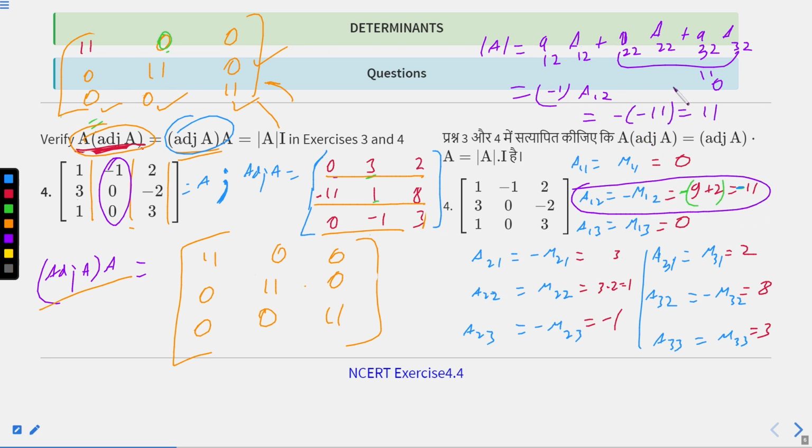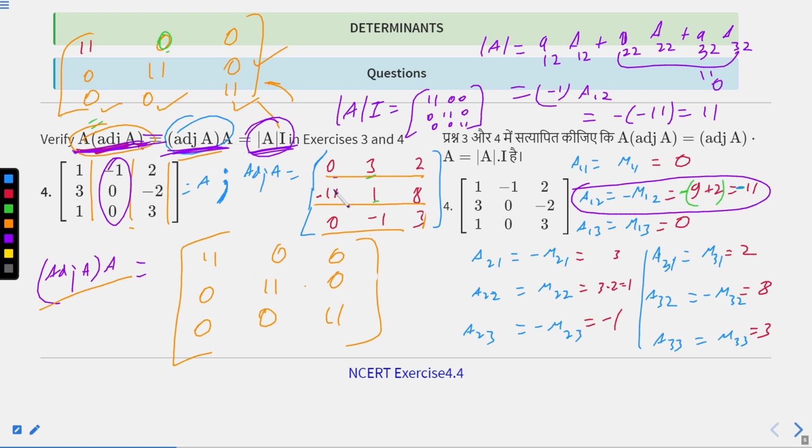So the determinant of A is 11, and determinant of A multiplied with I will give you this thing. So you evaluated each of these three terms, and you got the same answer, so they are equivalent. You verified it.